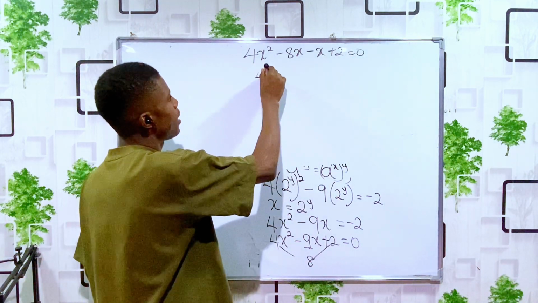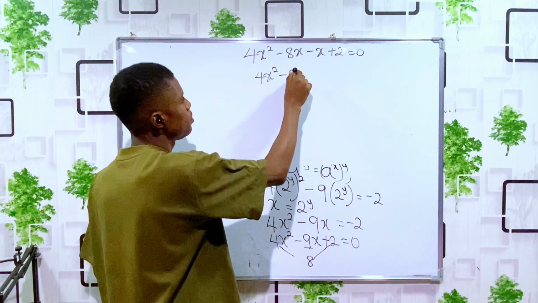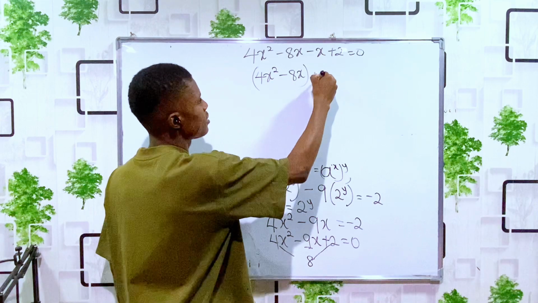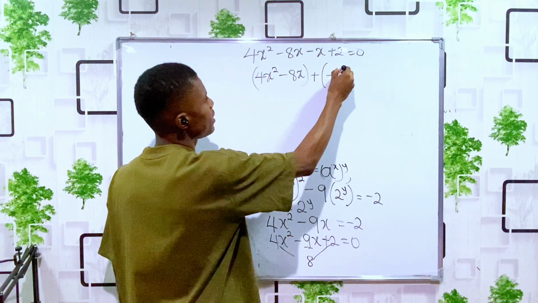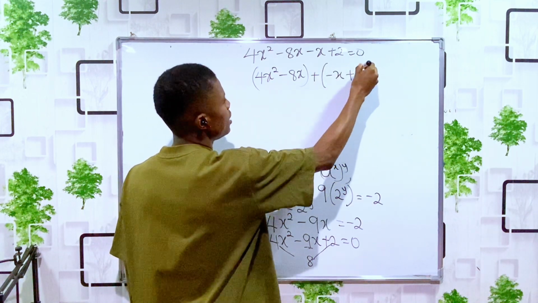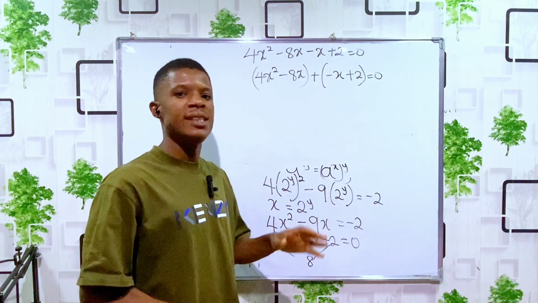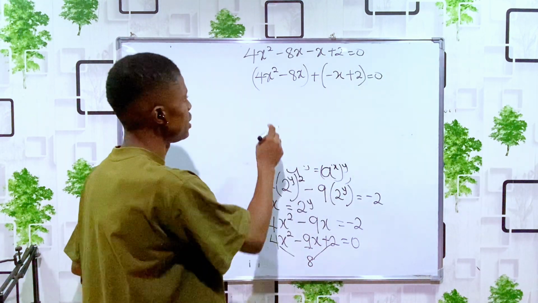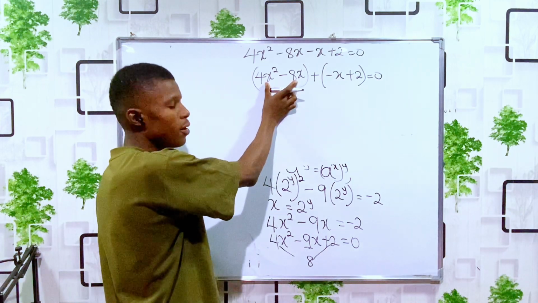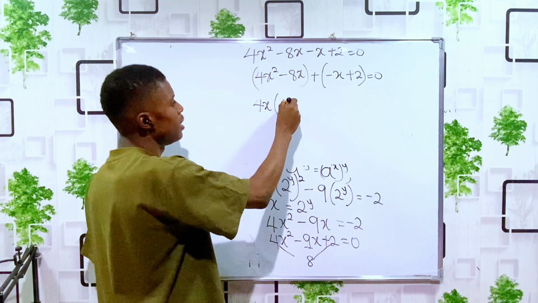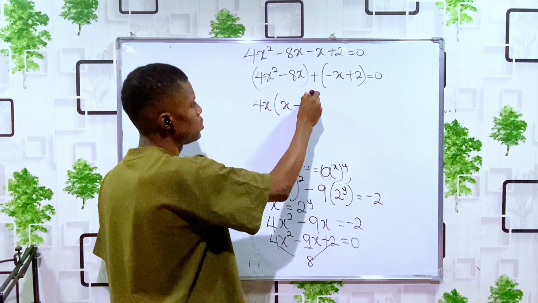So I have 4x squared, I'm trying to group 8x in the same group. Then plus, I'll group minus x plus 2 in the same group, equal to 0. The next thing is to factor the common term 4x. If I factor 4x, which is common, I'm left with x minus 2.